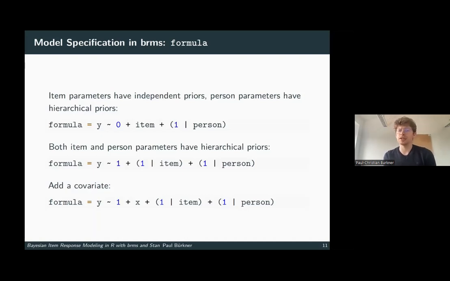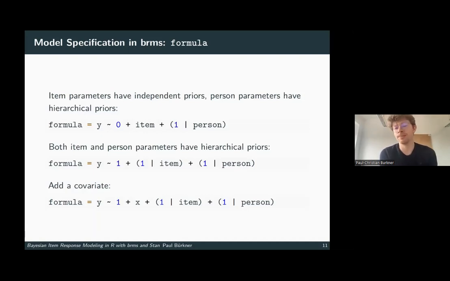And then we're using this lme4 random effects notation where things before the pipe symbol are the coefficients that are supposed to vary across the grouping factor after that pipe. So 1 here stands for intercept, and person is the grouping variable.